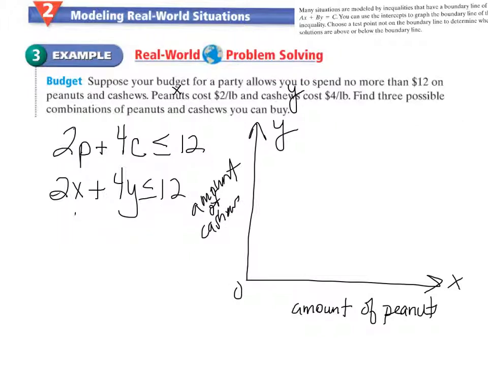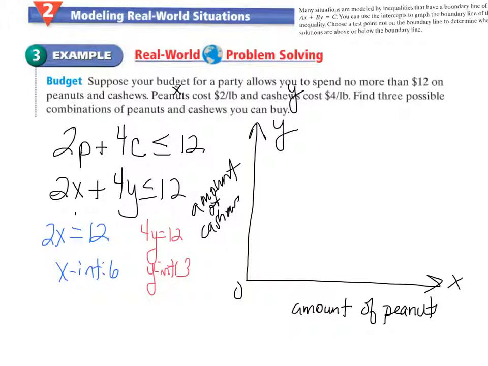If we plug in 0 for y, that would give me 2x. And remember, we just want intercepts, so you're going to pretend it's an equal sign. 2x equals 12, so the x-intercept would be 6. The y-intercept, if you plugged in 0 for x, would be 4y equals 12. Divide by 4, the y-intercept is 3.